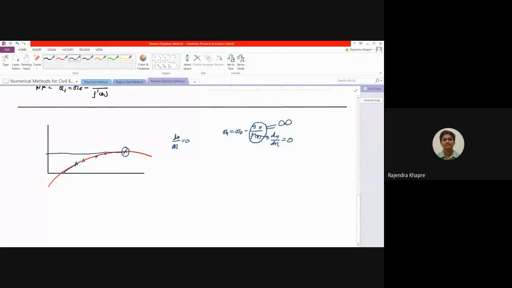So in this particular scenario, the Newton-Raphson method is not able to give you a solution. Even if you write a program for this, the program is going to hang, and manually you won't be able to do it because this second term is going to become infinity. So in such a case your Newton-Raphson method fails to give the solution. This is one of the major drawbacks of this particular method.